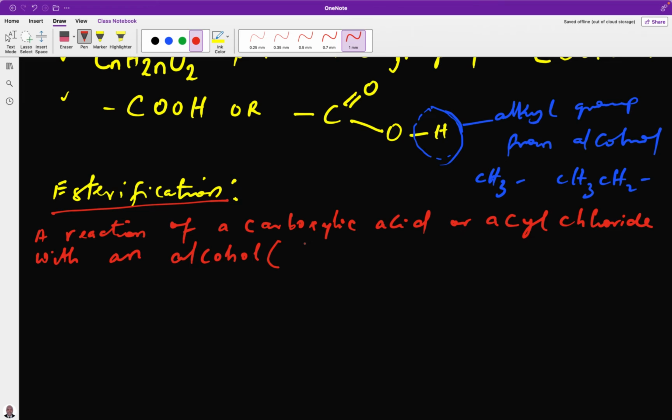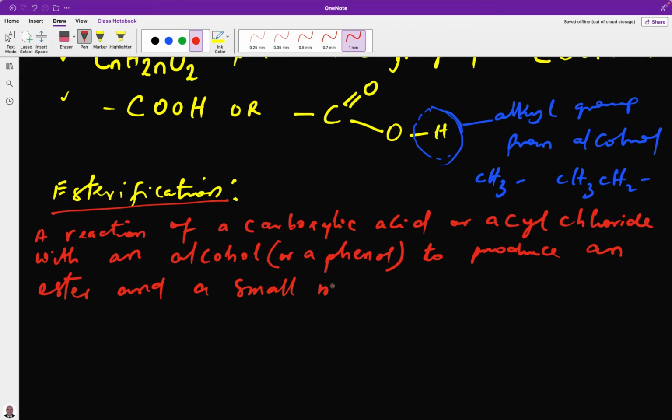You can also use an aromatic compound, a phenol, to produce an ester and a small molecule, usually water, or salt if you were to use acyl chloride.